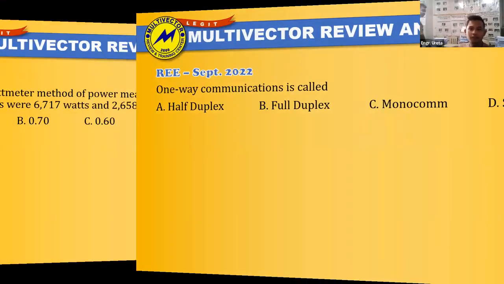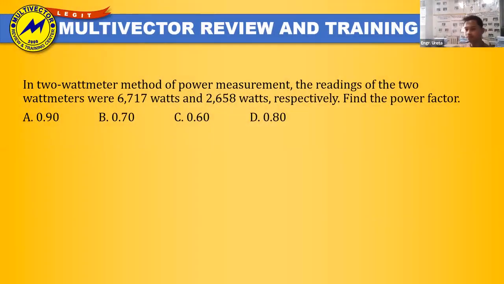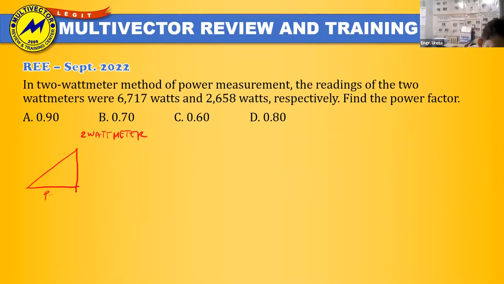Okay, in the two-wattmeter method of power measurement, the readings of the two wattmeters are 6717 and 2658 respectively. Find the power factor. In the two-wattmeter method, we have real power, apparent power, and reactive power.